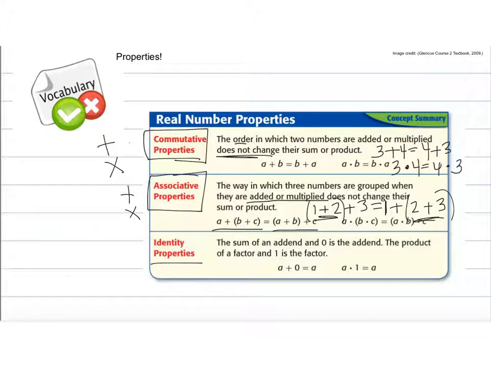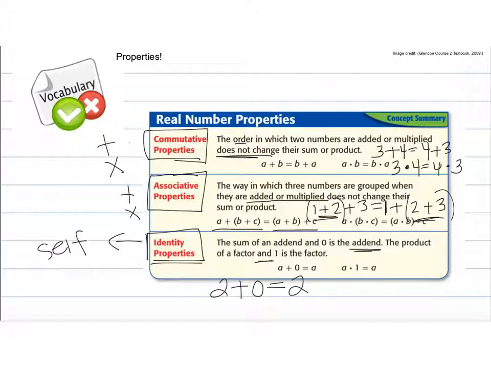The identity properties, so identity means yourself. That means that the sum of an addend and 0 is the addend, or it stays the same, and the product of a factor and 1 is the factor. So if I take a number and I add 0, it's going to stay the same.